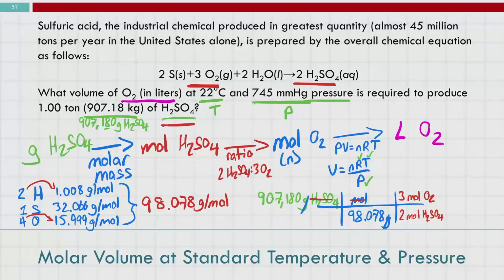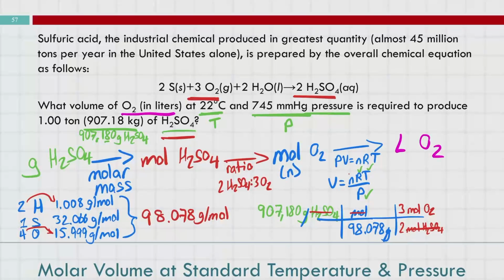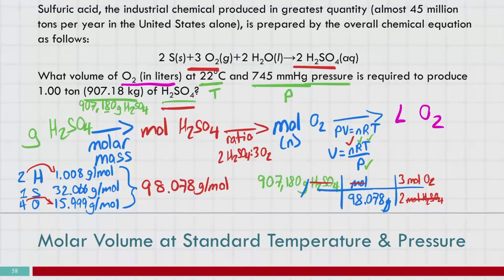Okay, so moles H2SO4 we cancel out. Now we've got moles of O2. Moles of O2 is the N that we need in our V equals nRT over P. I'll pause the calculation there, just so we get a little number to look at.